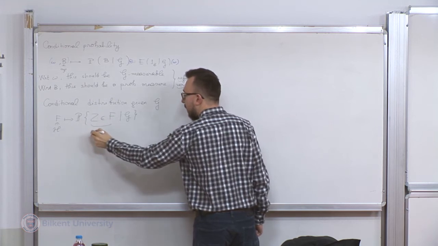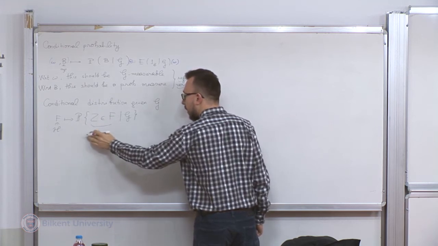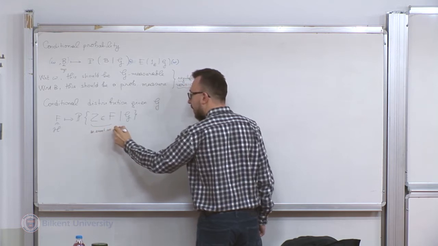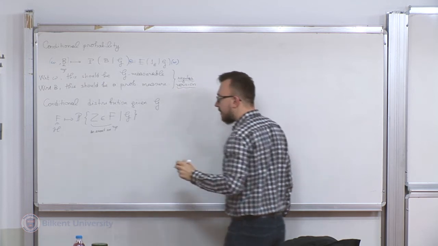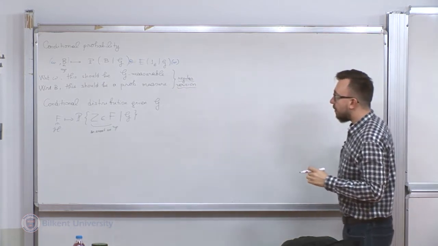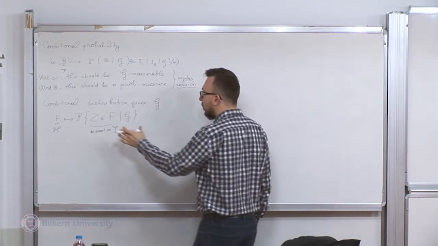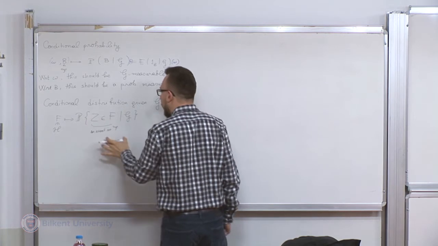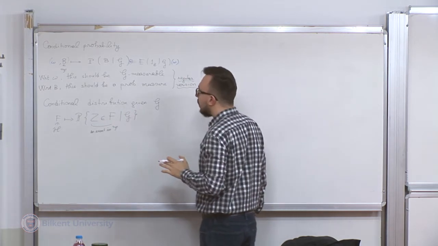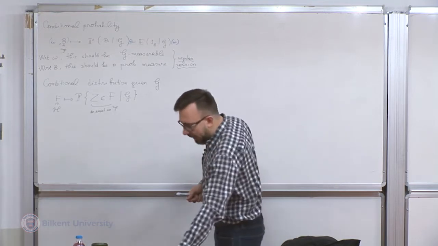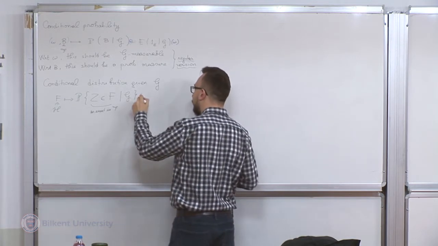This is an event in F, if Z is a measurable function, a random variable. Therefore, we can just take B as the event that Z takes values in F and define this conditional probability. And again, this is a function of omega as well.